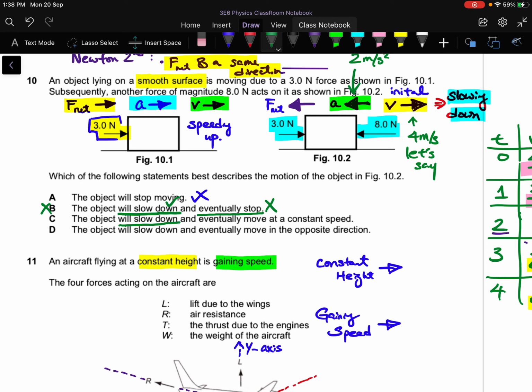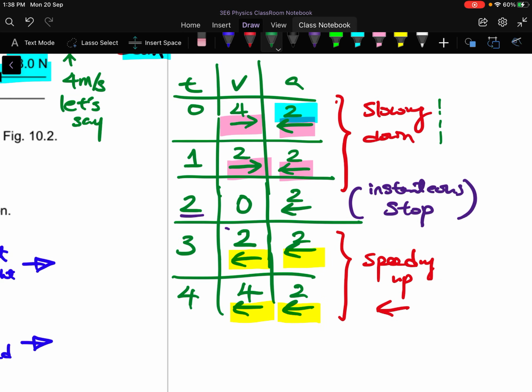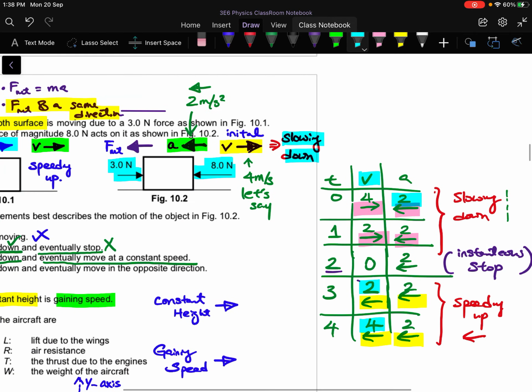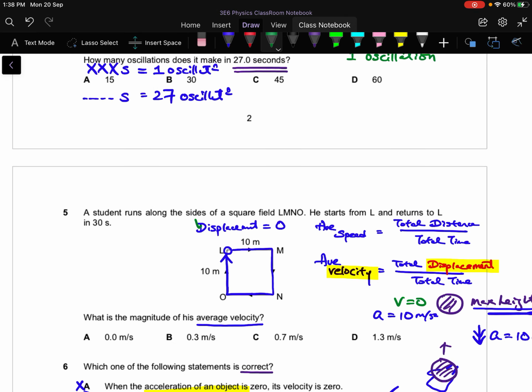C, the object will slow down, eventually move at constant speed. So if I look at my velocity over here, you can see that no, it's still changing, because my 8 Newton is still acting on the object. So I know that my C is also wrong.